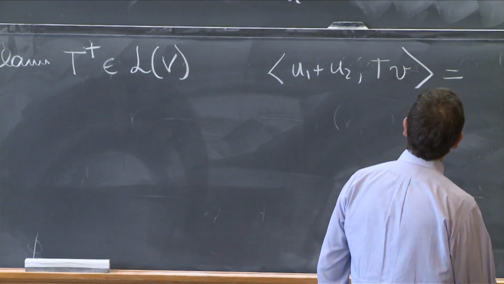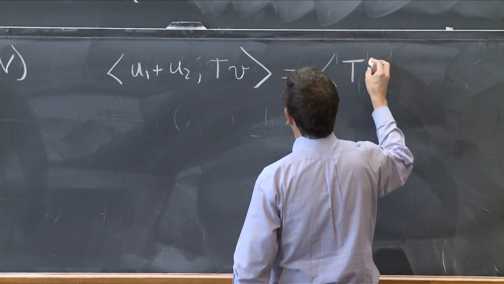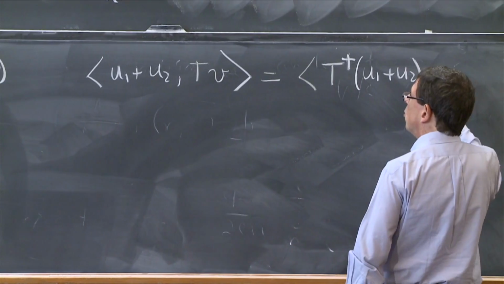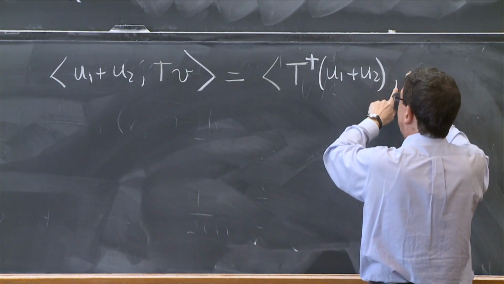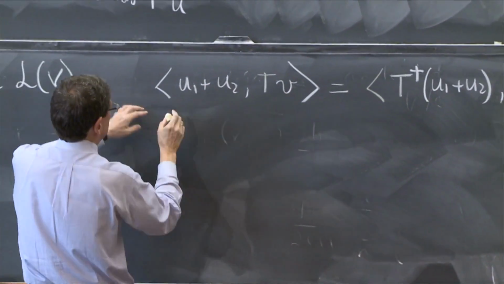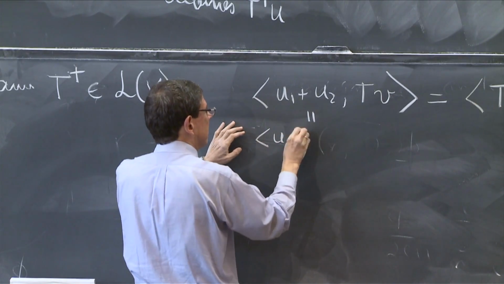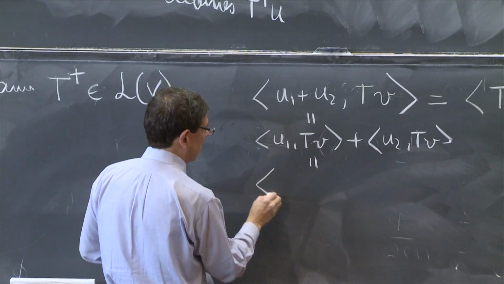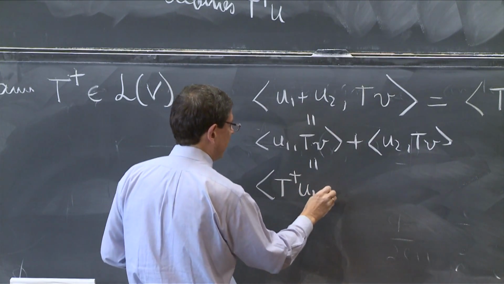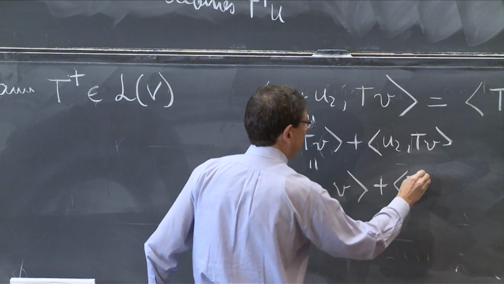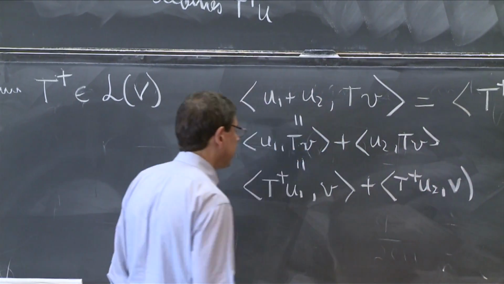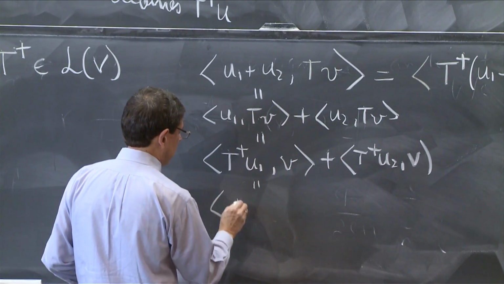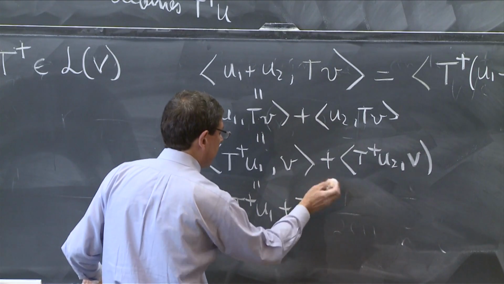By definition, this would be T dagger of U1 plus U2, some function on U1 plus U2, because whatever is here gets acted on by T dagger, times V. On the other hand, this thing is equal to U1 TV plus U2 TV, which is equal to T dagger U1 V plus T dagger U2 V, and by linearity here you get equal to T dagger U1 plus T dagger U2.